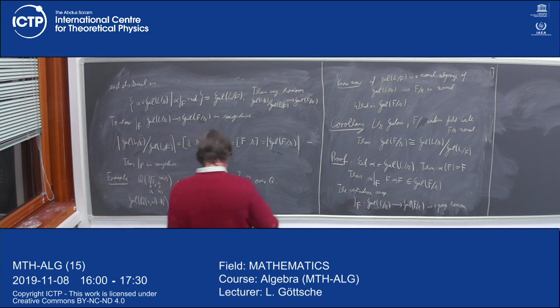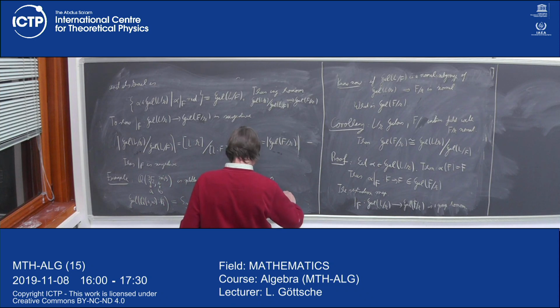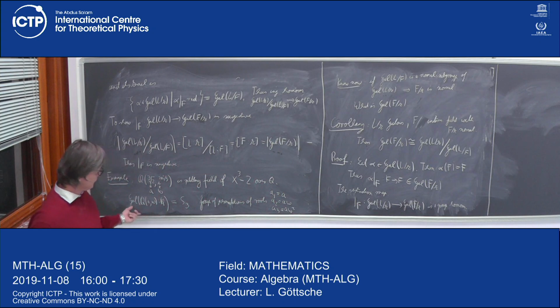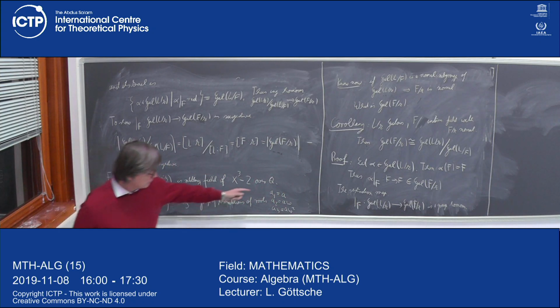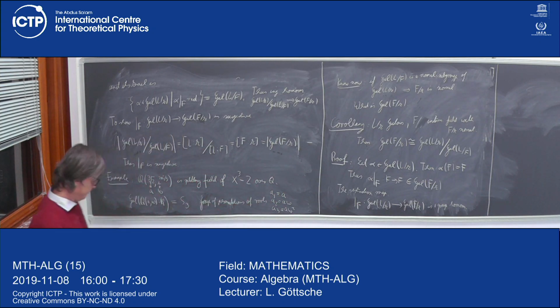So the first I number them. A1 is equal to A. A2 is equal to A times omega. A3 is equal to A omega squared. And then if I just say permutation (1 2) is the one which permutes these two and so on. So we know that this is the Galois group.